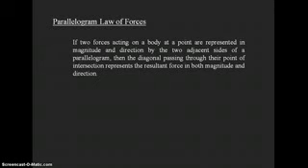So we are saying that if two forces acting on a body at a point can be represented by the two adjacent sides of a parallelogram, then the resultant of those two forces will be the diagonal of the parallelogram, passing through the intersecting point of the two forces.